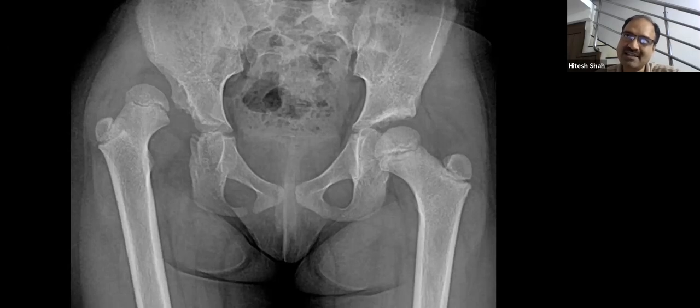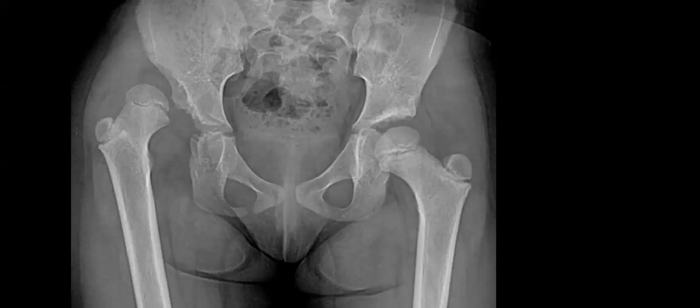It includes subluxation, dislocation, subluxatable, dislocatable, frankly dislocated, and acetabular dysplasia. So always use the correct terminology: developmental dysplasia of the hip. Do not use the terminology CDH. Don't say posterior dislocation, anterior dislocation. Use the correct terminology, developmental dysplasia of the hip. Okay. Can one person read the X-ray? Yes, sir.